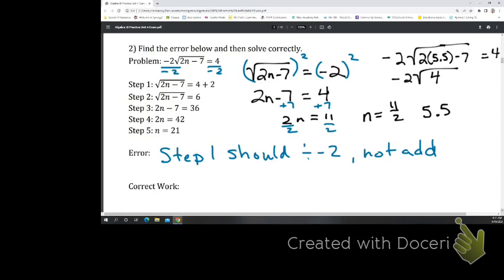The square root of 4, we are only to consider the principal square root, the positive. So then -2 times +2 is not equal to +4. So for this question, the answer is extraneous, so then we would say no solution.